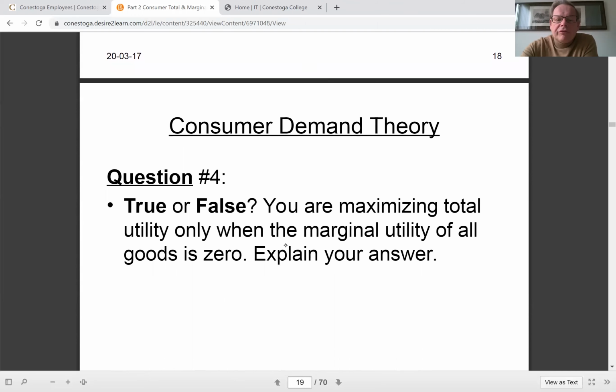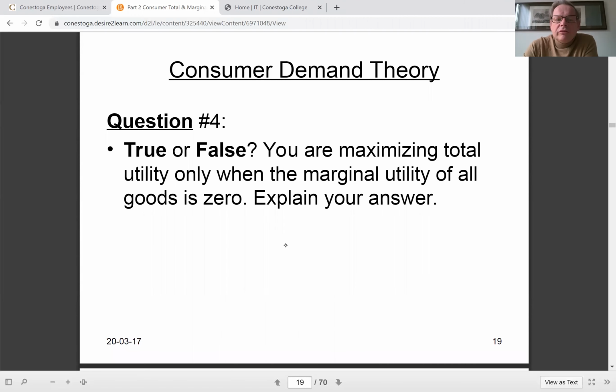True or false? You are maximizing total utility only when the marginal utility of all goods is 0. Explain your answer. This one here is false, because when the marginal utility is equal to 0, that means you're only consuming one item.